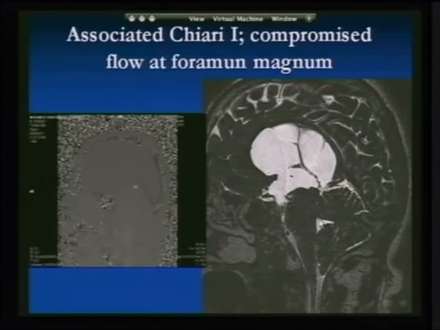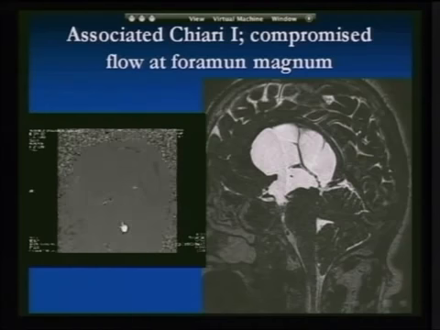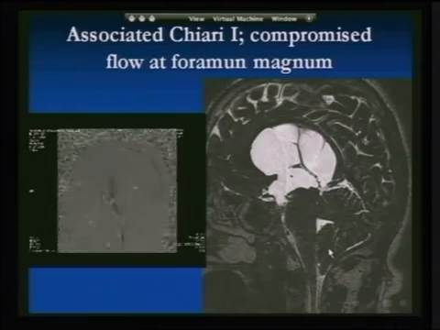Still, the fourth ventricle is in place with the cerebellar tonsils low-lying. This is a case of Chiari-1 malformation. And the reason for the headache is a flow compromise along the foramen magnum. The foramen magnum, along its anterior subarachnoid space, is compressed due to the cerebellar tonsils.